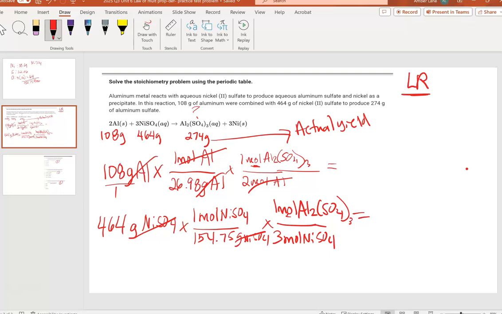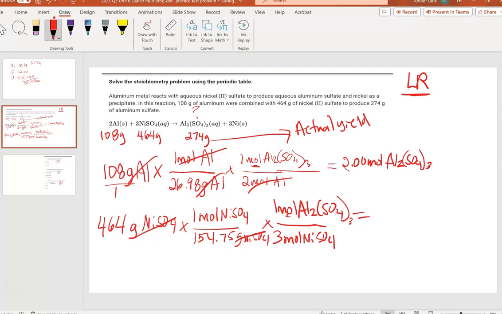So I'm going to do 108 divided by, and I'm going to use parentheses on the bottom, 26.98 times 2, close parentheses, and I am going to get 2.00 moles of Al2(SO4)3. Now before I can figure out my limiting reactant, I have to do this calculation here.